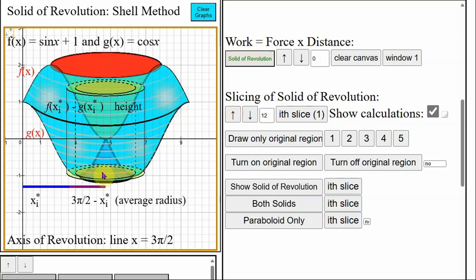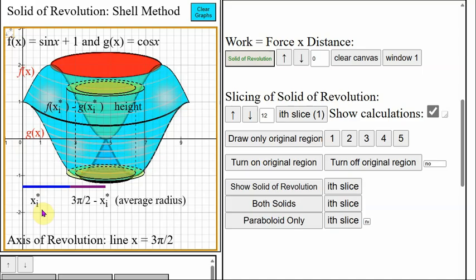The distance from the center to here, that's the outer radius, and the distance from here to here will be the inner radius. And then right in the middle, the distance from the center to right here is called the average radius. So let's call the distance from the y-axis to the middle x sub i star.